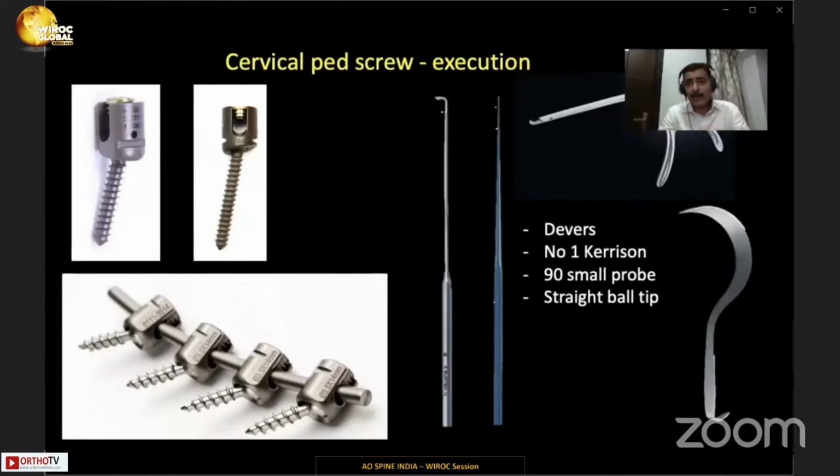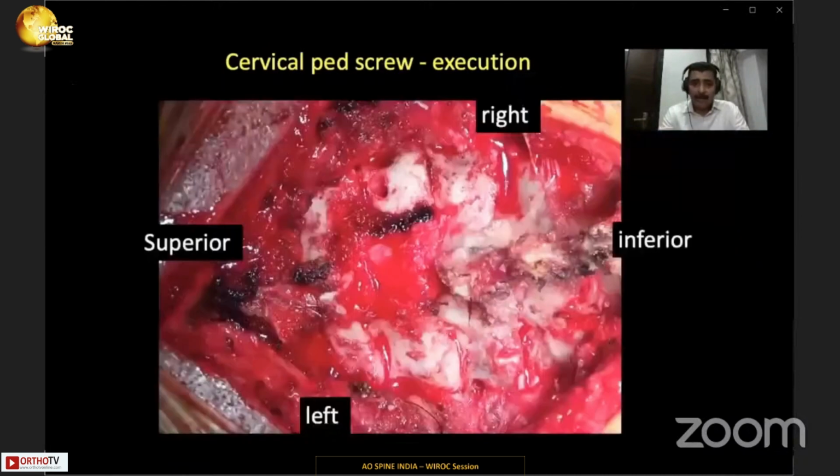Other instruments which I like to use are a small 90 degrees ball tip probe. In case I am in difficulty, I might do a small foraminotomy with the Kerrison rongeur, palpate the pedicle from inside and put in the screw. A straight, rigid ball tip probe is extremely important, which glides along the medial margin of the pedicle wall, which is supposedly the strongest wall of the cervical pedicle.